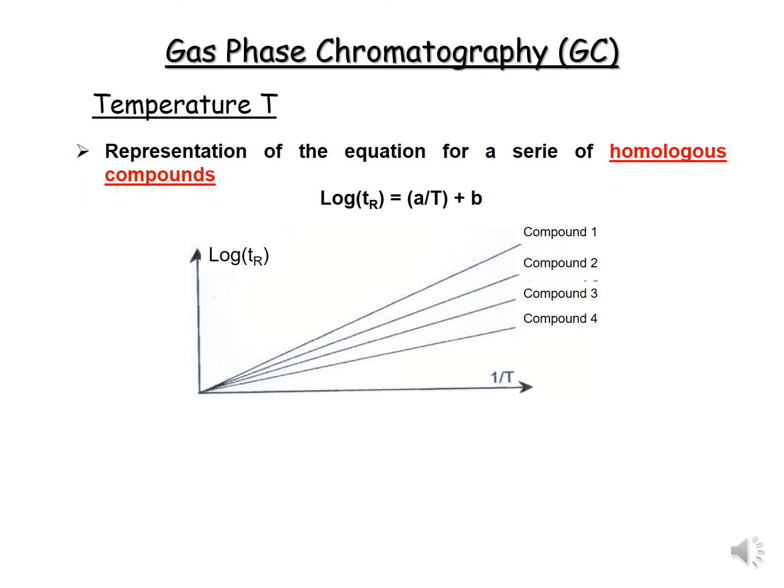So here is an example about the effect of the temperature on the separation. This is the representation of the equation for a series of 4 homologous compounds. These compounds are quite similar, and then have the same behavior in terms of separation when I increase or decrease the temperature of the oven.